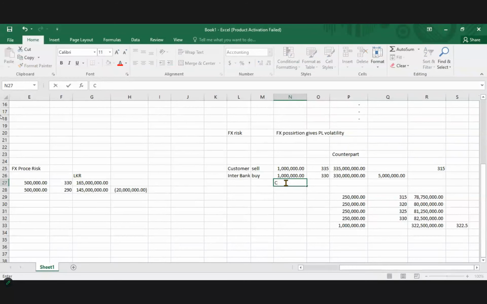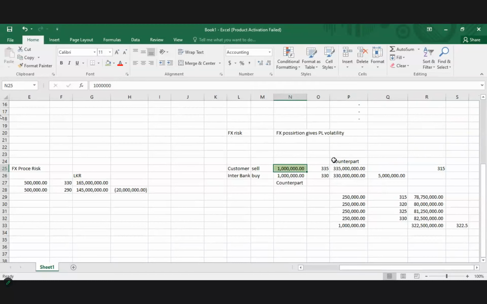You understand? Here the counterpart is this guy who is going to give me the $1 million. Here the counterpart is the customer who's going to give me the 335 million.